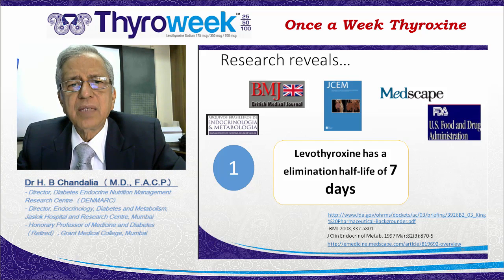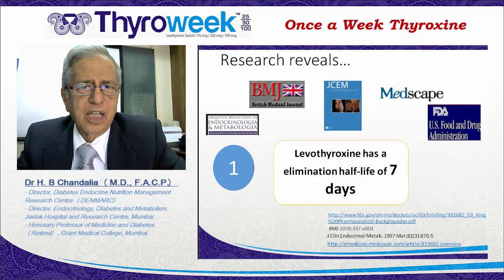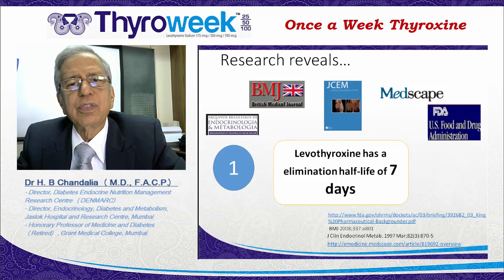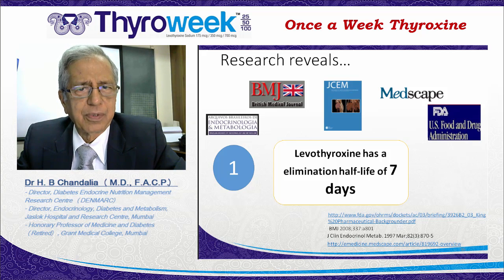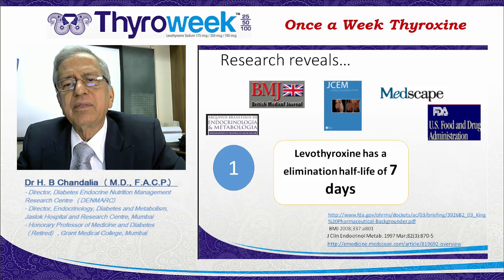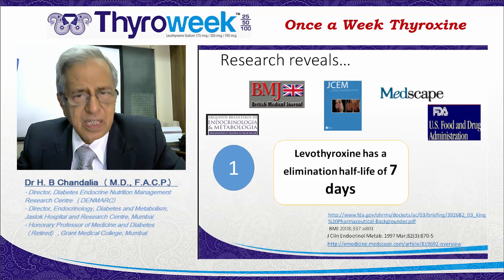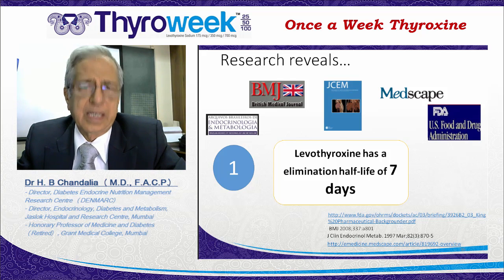Now, it has been found that the half-life of elimination of a single dose of levothyroxine is 7 days. And therefore, whenever you give any large dose of levothyroxine, it will be dispersed in the body fluids and will attain an equilibrium state.